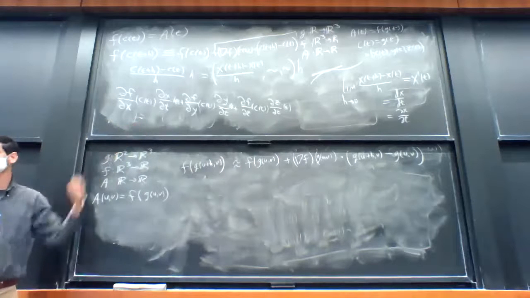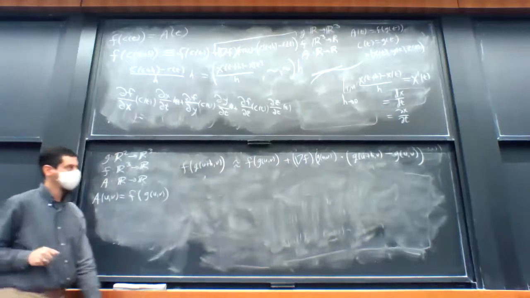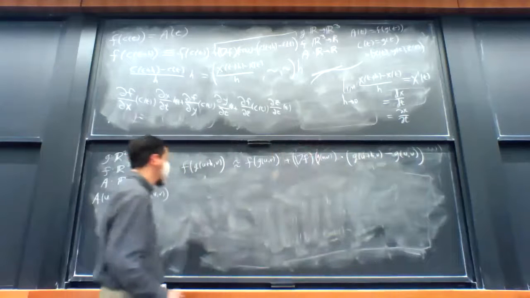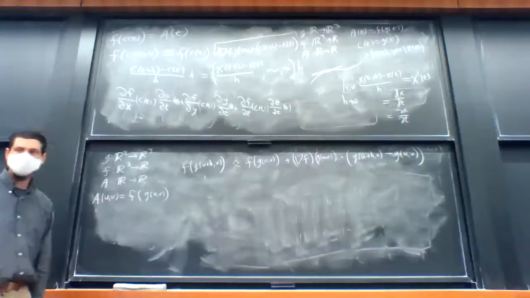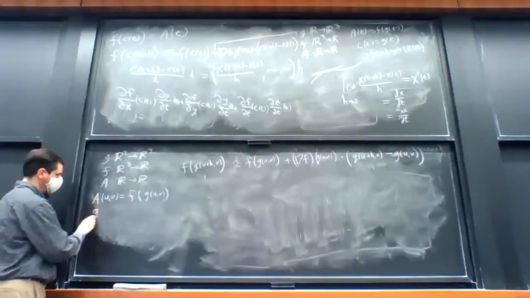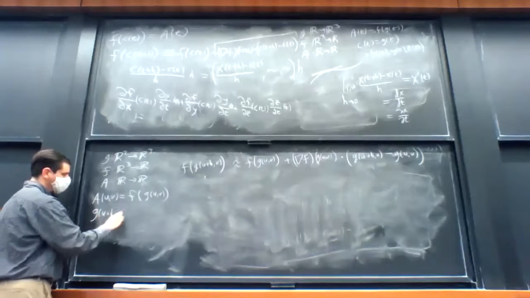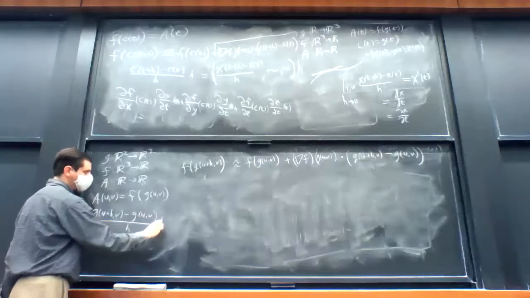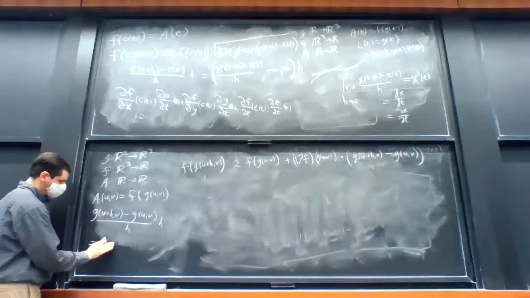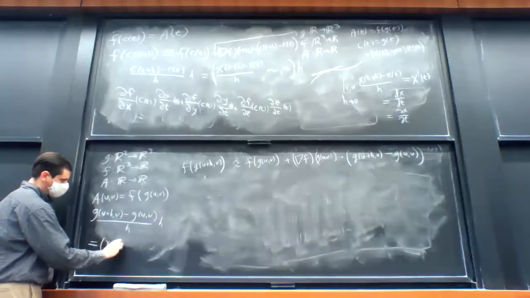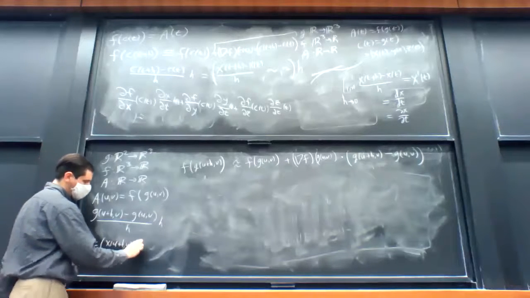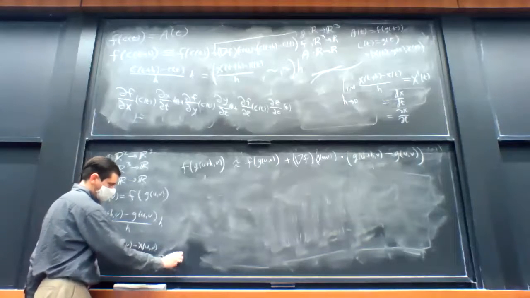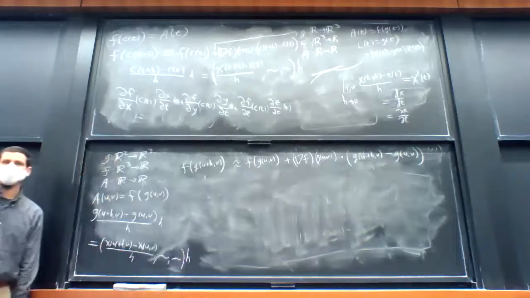It's extremely similar to what we had before. And if we expand all of this out, what is g of u plus h, v minus g of uv? So g of u plus h, v minus g of uv, divide by h, multiply by h, is going to just be x of u plus h, v minus x of uv over h, and so on for the other coordinates, times h.